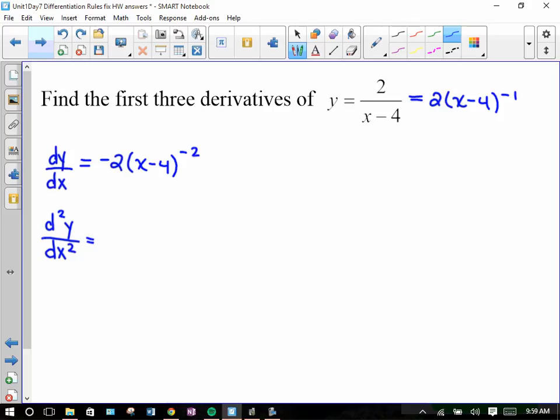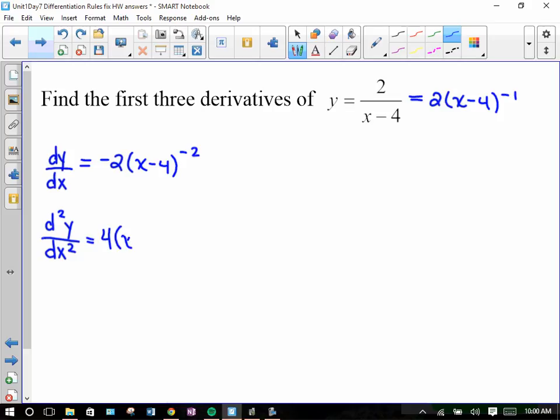So I'm taking my exponent and multiplying by my coefficient: negative 2 times negative 2 is positive 4.